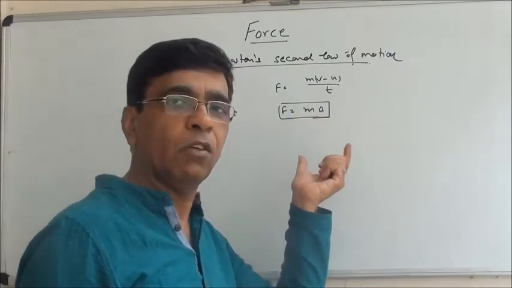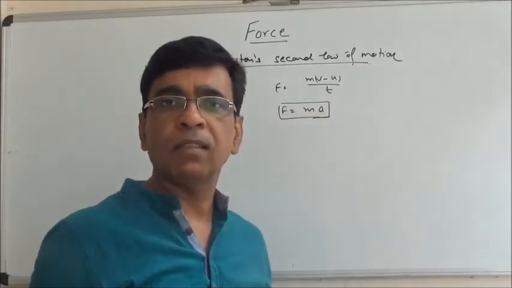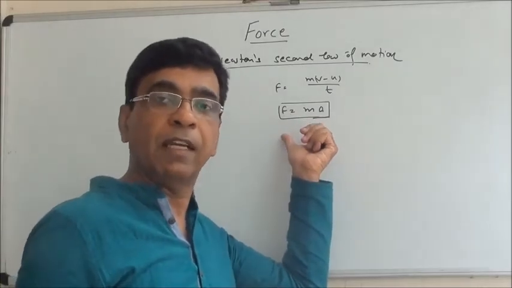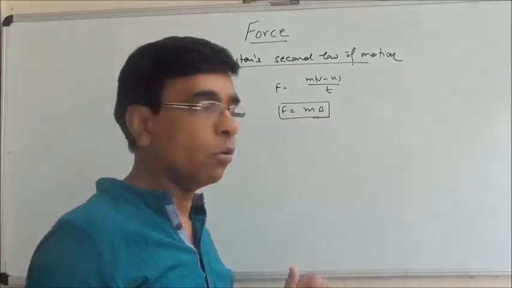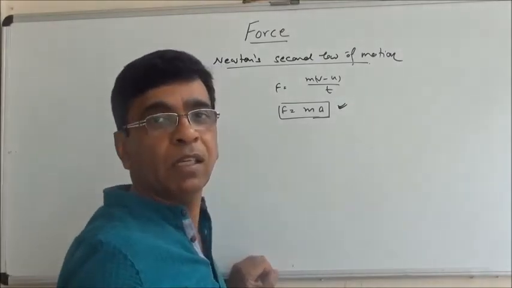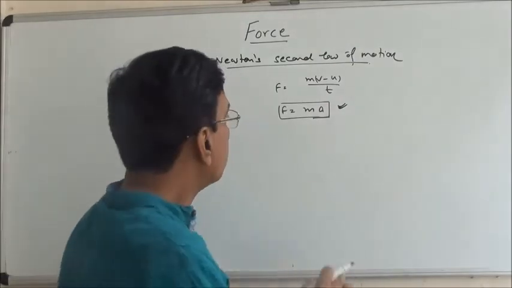Again, this second law also tells that if there is no force, there will not be any acceleration. So this is the net force, the unbalanced force. If net force is 0, a will be 0. So this is the second law: F is equal to mass times acceleration, or rate of change of momentum.